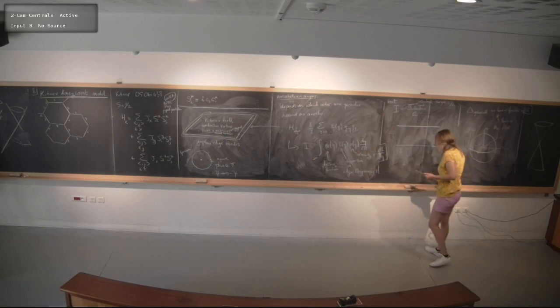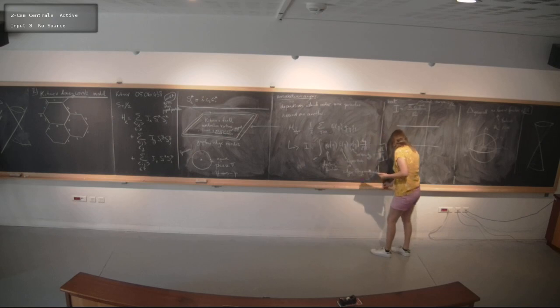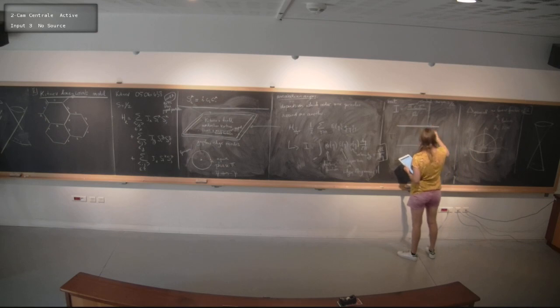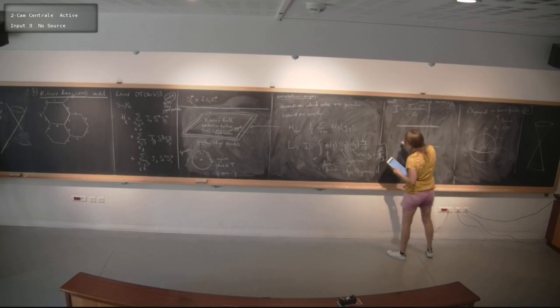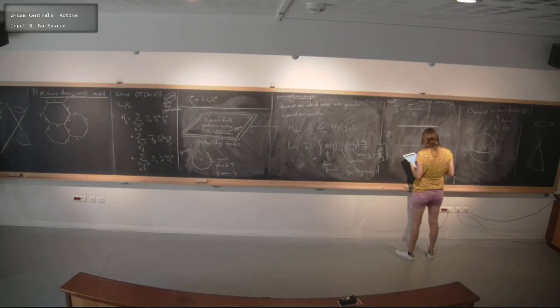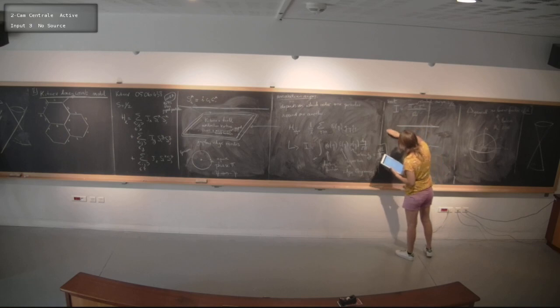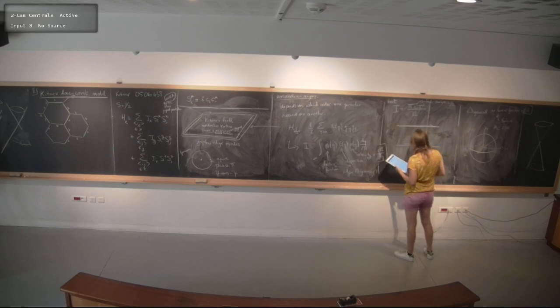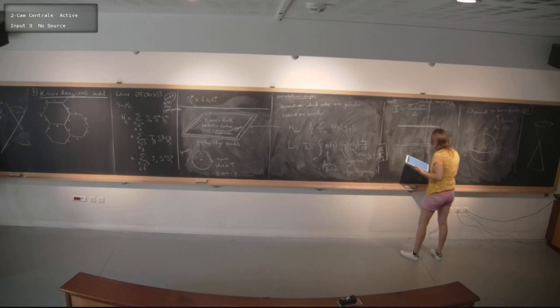You're in a Hall bar geometry, and here you have the temperature for the bottom phonons, which is slightly less than that for the top phonons.